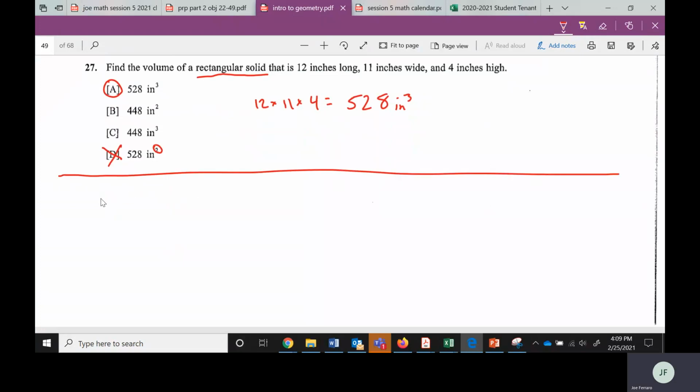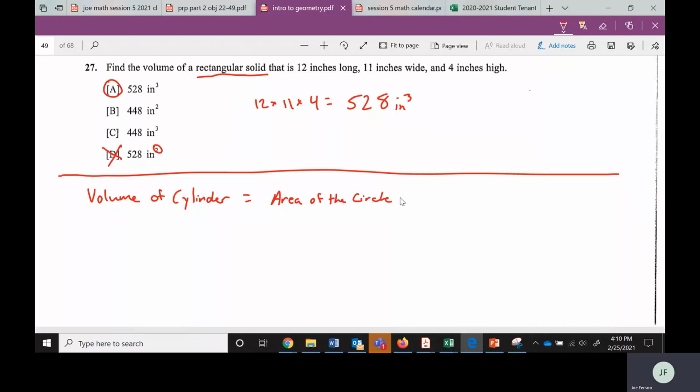Because next we're going to look at volume of a cylinder. Again, a cylinder is like a pop can or a soup can. Okay, basically what it comes down to, the base of this is a circle. So you're going to find the area of the circle.